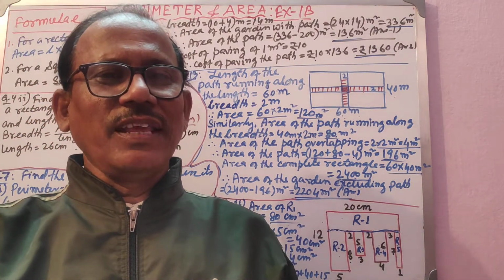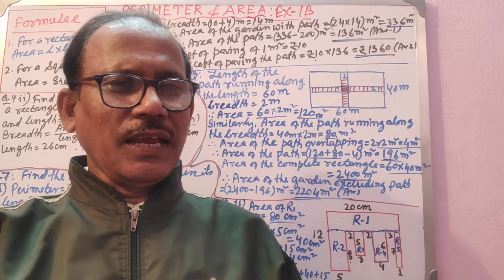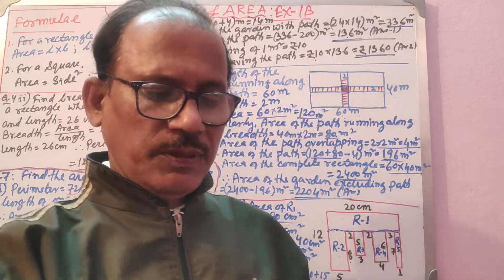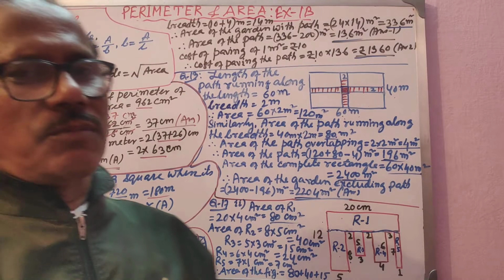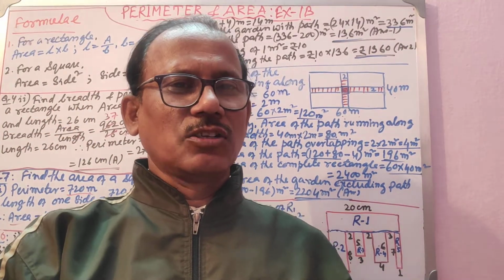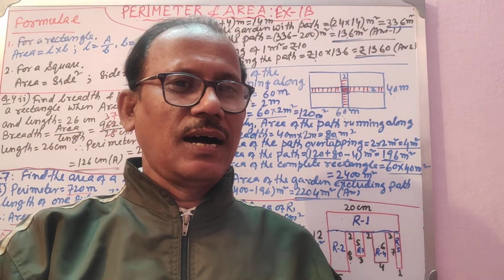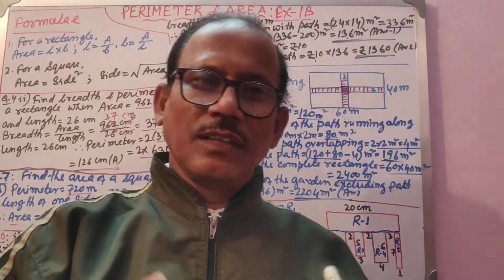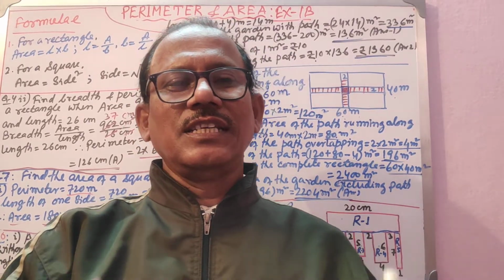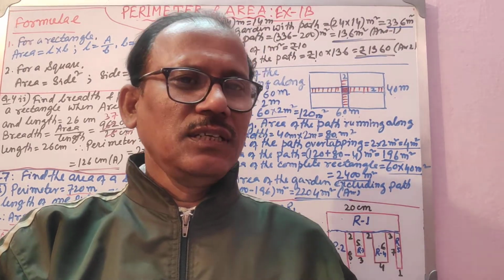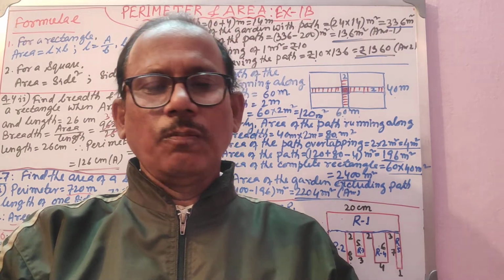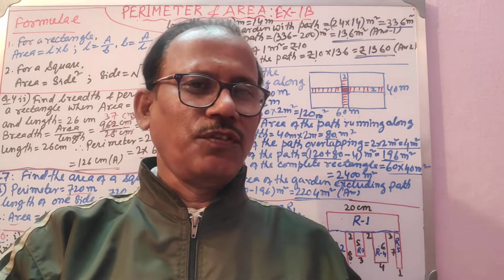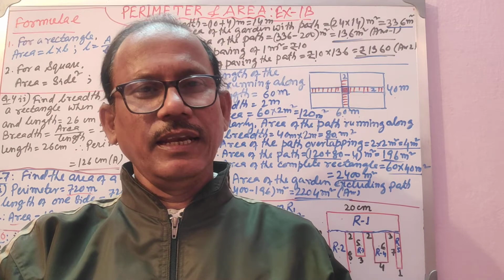Things will be very easy if you split the entire figure into small rectangles or squares, some regions. Then if you add all these regions, you will find out the total area of the figure. I hope things are easy. Do it. If you have any difficulty doing any of the sums, talk to me.